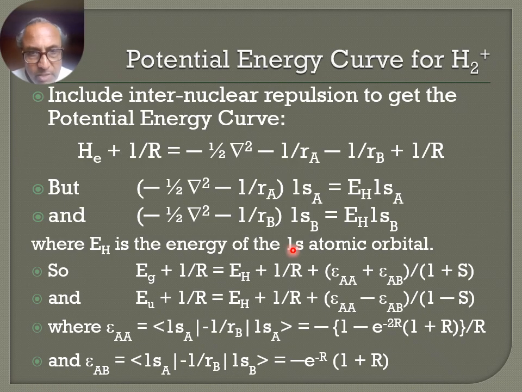So we get Eg plus 1 upon R equals EH plus 1 upon R plus epsilon AA plus epsilon AB by 1 plus S, and Eu plus 1 upon R equals EH plus 1 upon R plus epsilon AA minus epsilon AB by 1 minus S, where epsilon AA and epsilon AB are the diagonal and off-diagonal matrix elements of the atomic potential energy term.